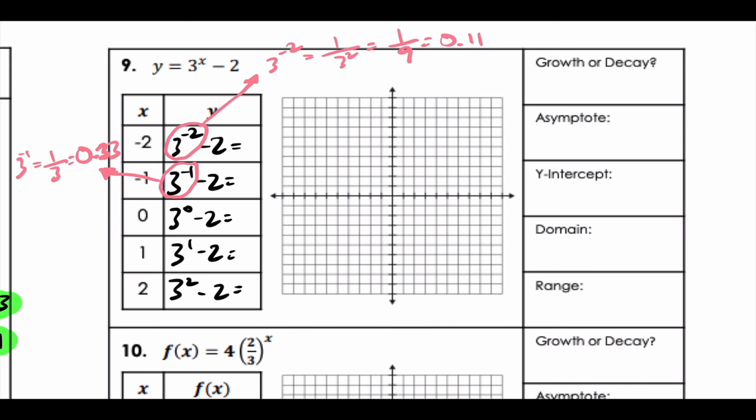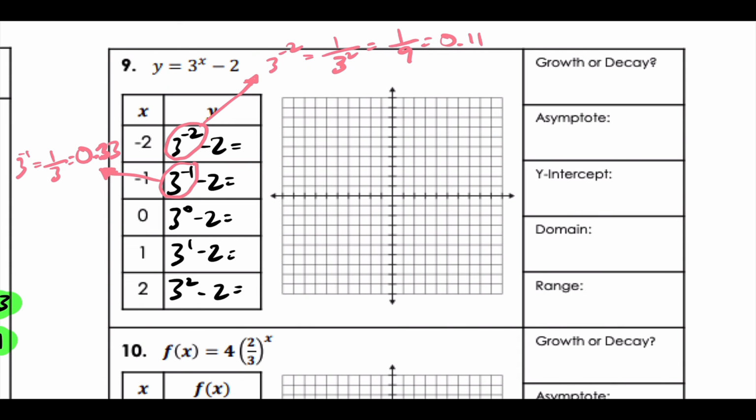So 3 to the negative 2 is 1 over 3 squared, which is 1 over 9, which if I put in my calculator is going to be the same as 0.11. So this guy here is 0.11. So in my calculator, I'm going to say 0.11 minus 2, subtract 2, right?